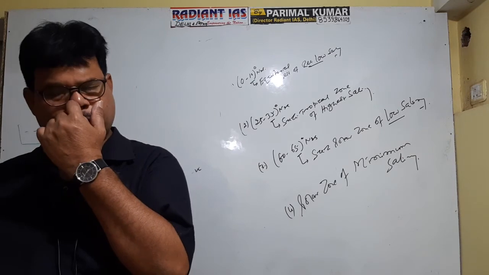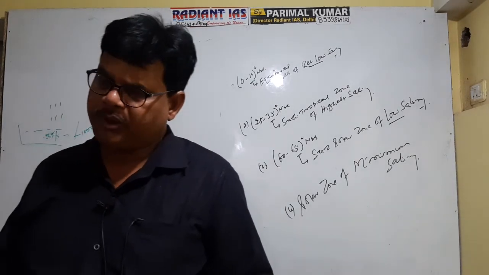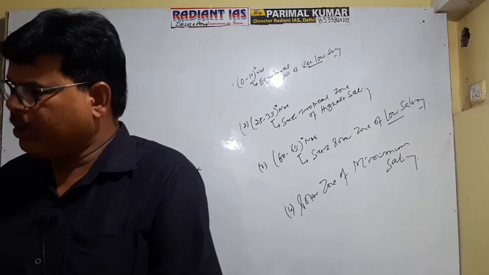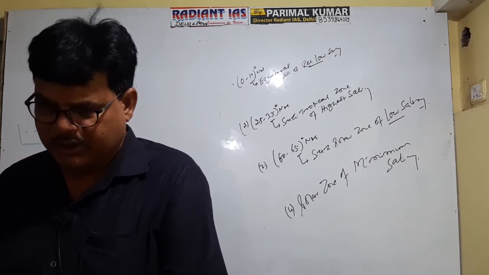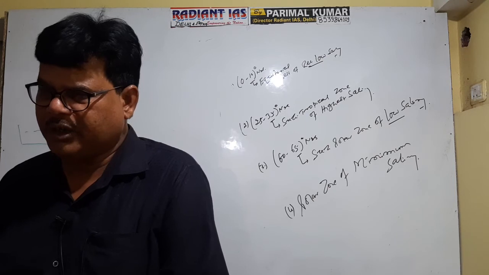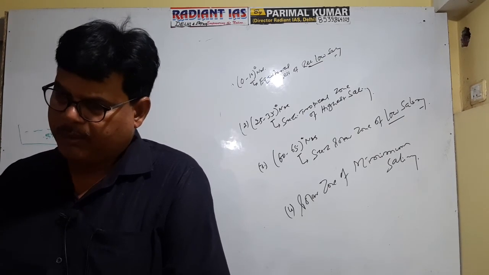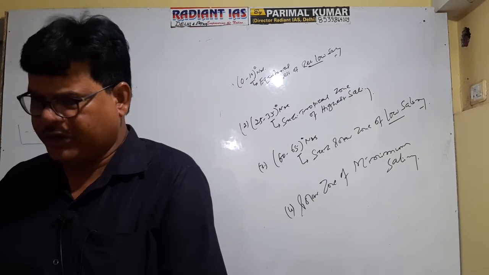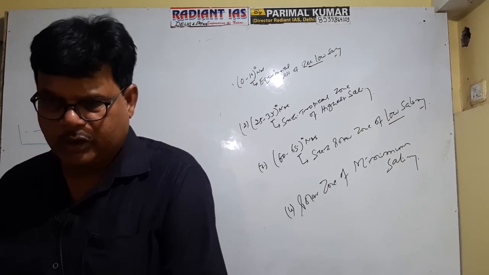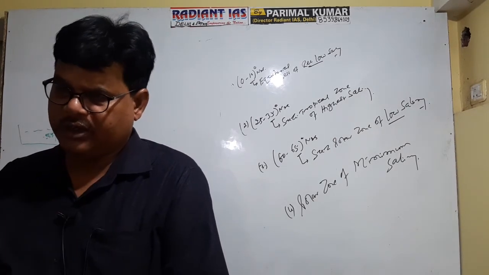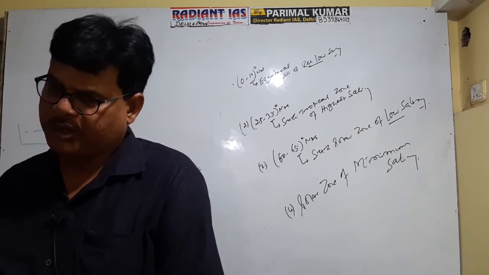But since it is located near the line of tropics, that is the Tropic of Cancer and Capricorn, high temperature prevails and evaporation occurs, but no matching precipitation occurs. So evaporation is more than precipitation. Consequently, salinity increases here, and this is the zone of maximum salinity.